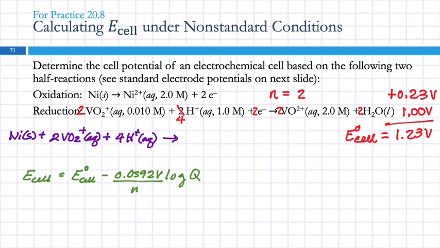And then on the other side, I've got nickel 2 plus and VO 2 plus and 2 H2O. This is the standard cell potential. This is the redox reaction for that cell.